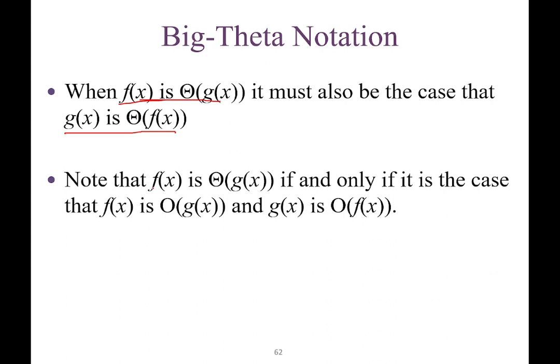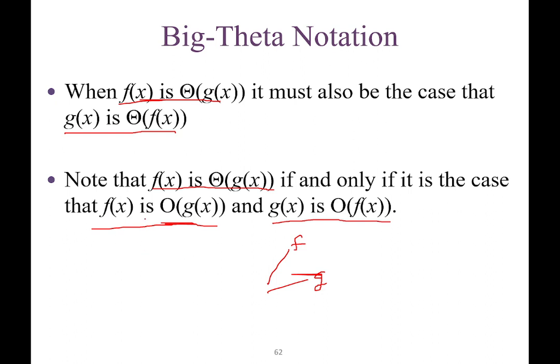Next one: f of x is big theta of g of x if and only if f of x is big O of g of x and g of x is big O of f of x. Because when we write g of x is big O of f of x, it means f of x dominates the function g of x.